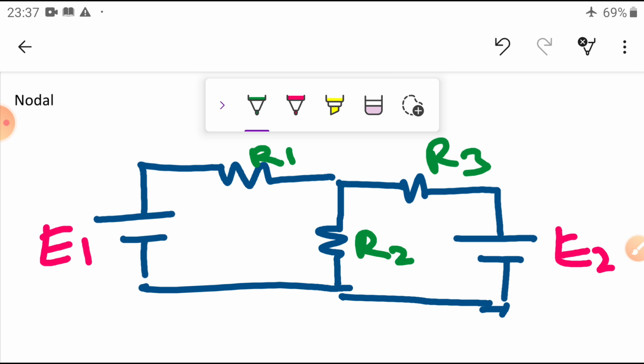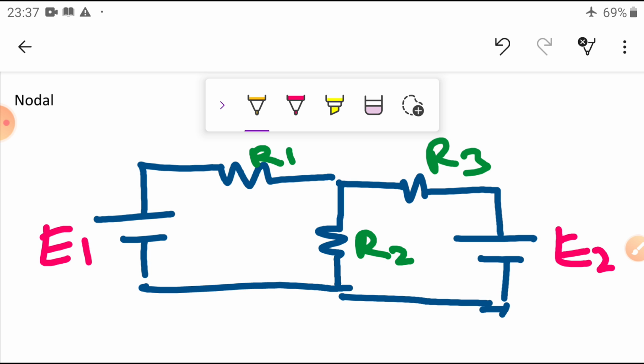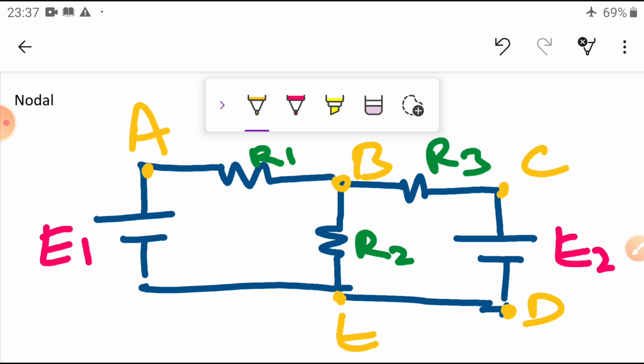Let us assume the terminals are A, B, C, D, E, F, arbitrarily.